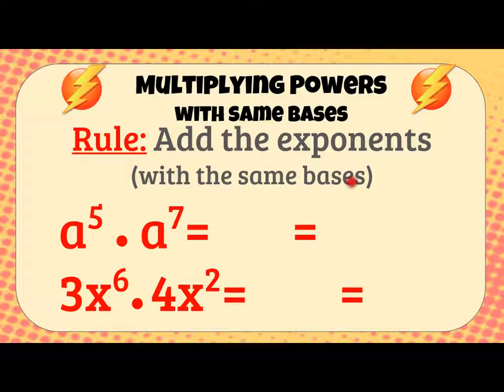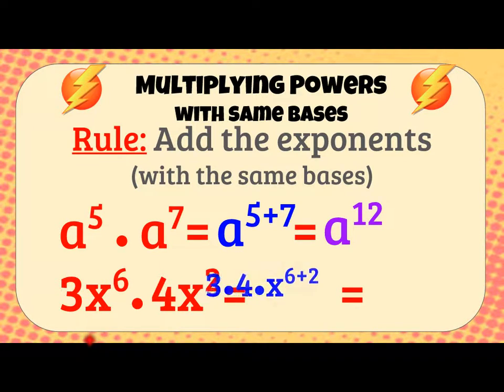So really, a to the 5th times a to the 7th means I have 5 a's plus the 7 more a's. So a to the 5 plus the 7 gives me a to the 12th. On this one, I am multiplying the number pieces, the coefficient pieces, together. And then I can go ahead and add my exponents together.